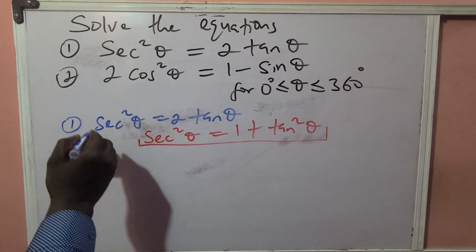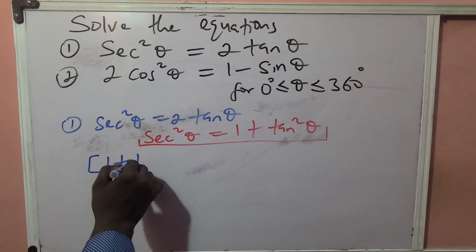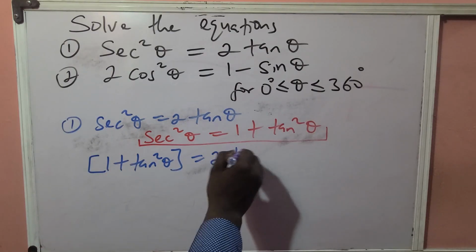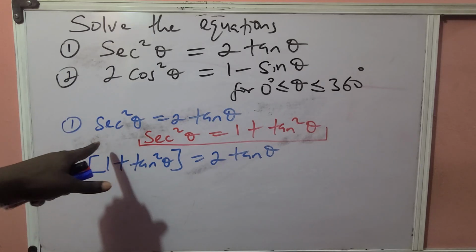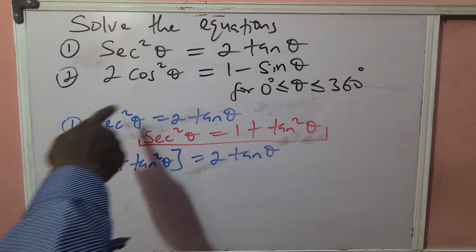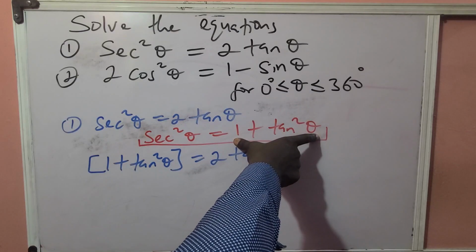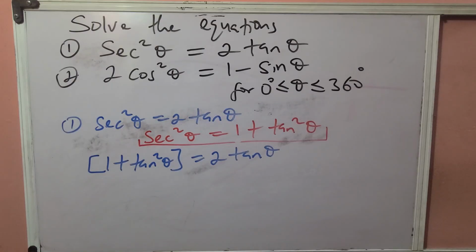So here I can go on to fixing my, always use your brackets as much as possible. So you can see what I've done right there. Wherever I saw my sec square theta, I have filled it in with this particular identity, which is this.